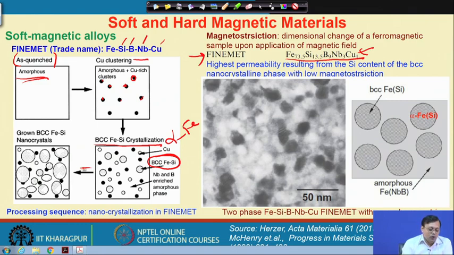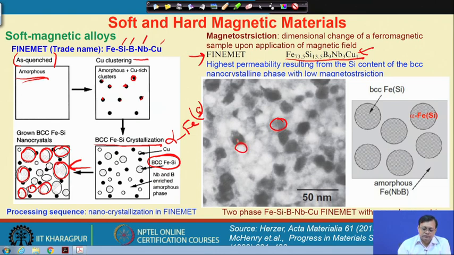Now, they grow with a suitable annealing treatment. So, your alpha iron with some amount of silicon basically grows and assists in developing this nanocrystalline microstructure. A typical microstructure is shown here.